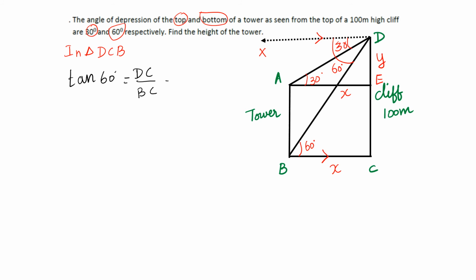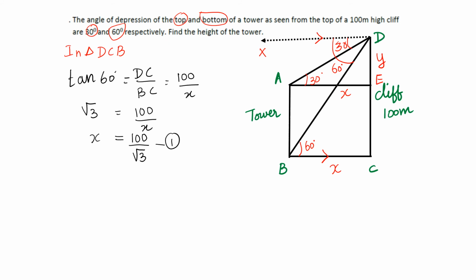DC is 100 by x, and tan 60 is root 3. Root 3 equal to 100 by x. So cross multiplying we will get x equal to 100 by root 3. This is your first equation.